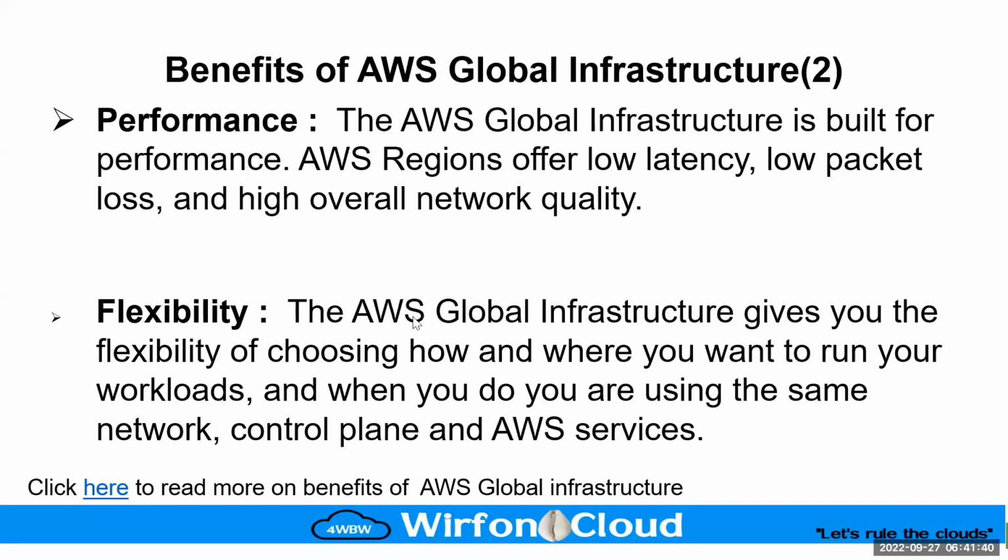It gives you the flexibility of choosing where and how you want to run your workloads, and you choose if you want to use the same network control plane with various AWS services.